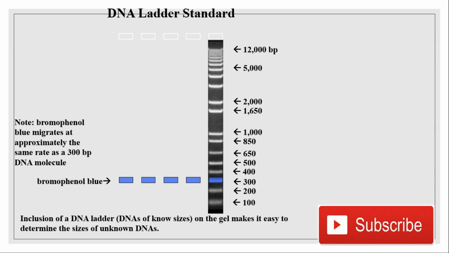Inclusion of a DNA ladder on the gel makes it easy to determine the size of unknown DNA. The very last, faint band will appear where the bromophenol blue migrates, at approximately the same rate as a 300 base pair DNA molecule.